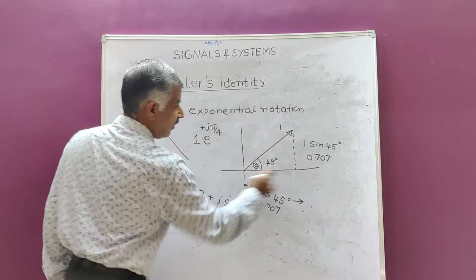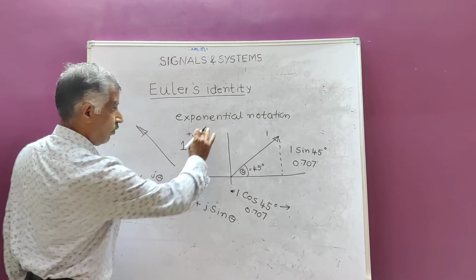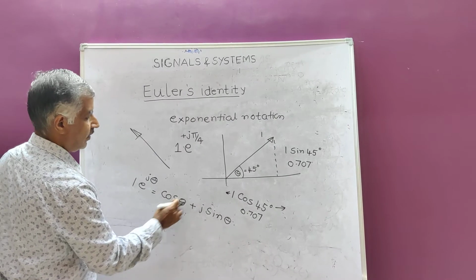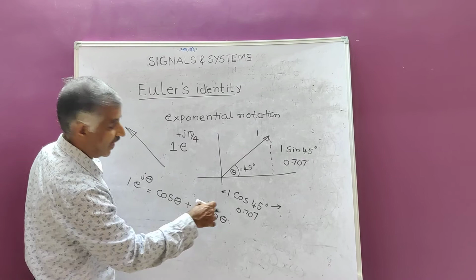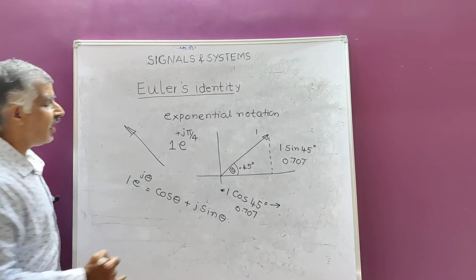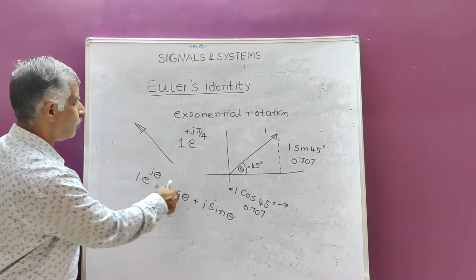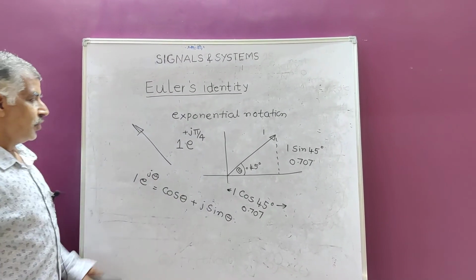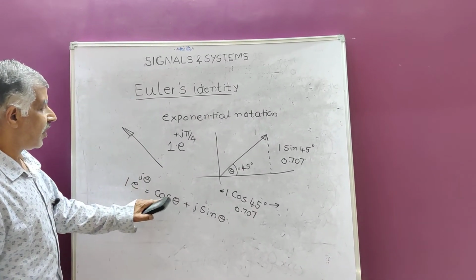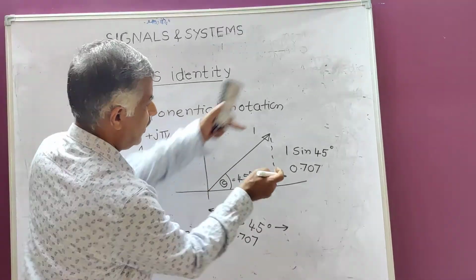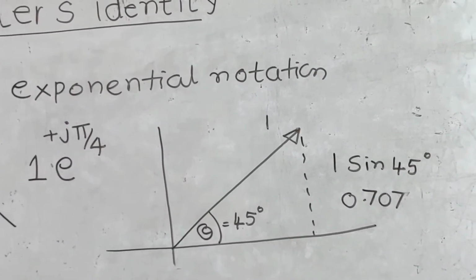Resolving this into horizontal component, it becomes 1 cos theta, and j times the vertical component, that is why j is here, 1 sin theta. If you take theta as 45 degrees, then you can substitute the value of theta here. So generally, this notation 1 e power j theta has cos theta and j sin theta, and this is what is called e power j theta.